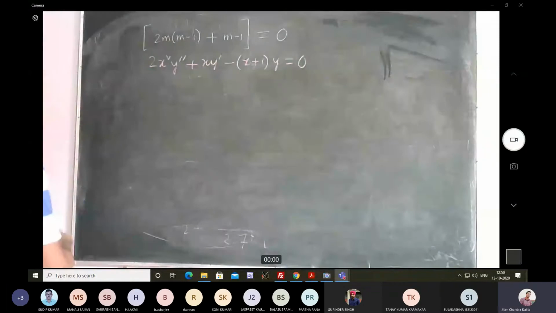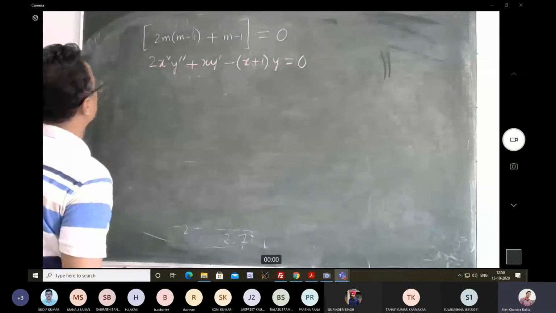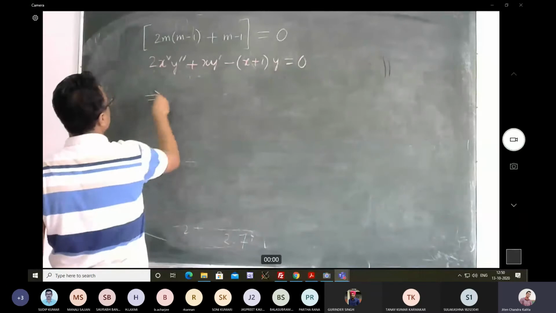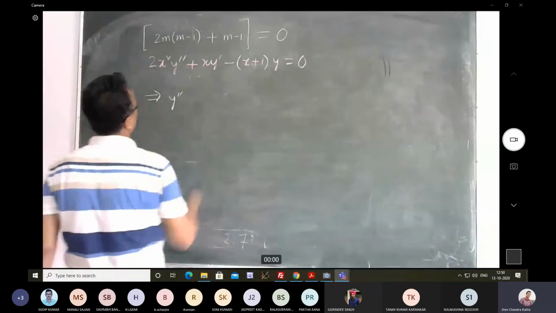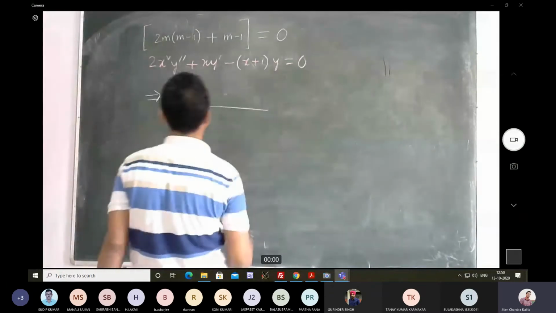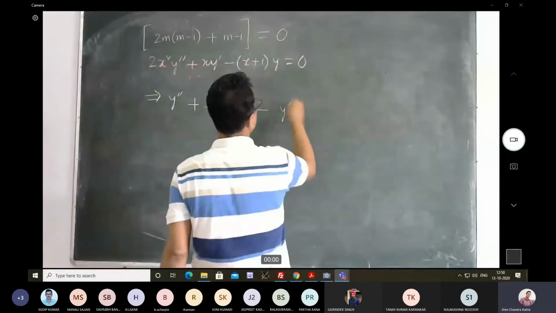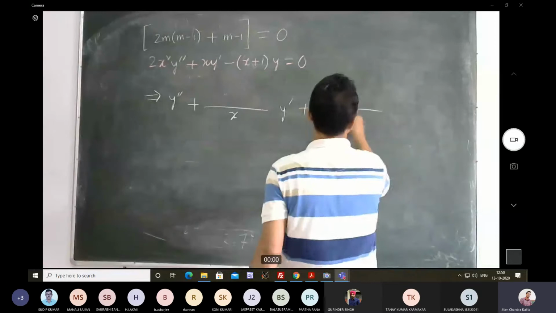Fine. So now let me try to put it in standard form. If I put it in standard form, this is going to give me y double prime plus, and basically I'm going to write it like this.